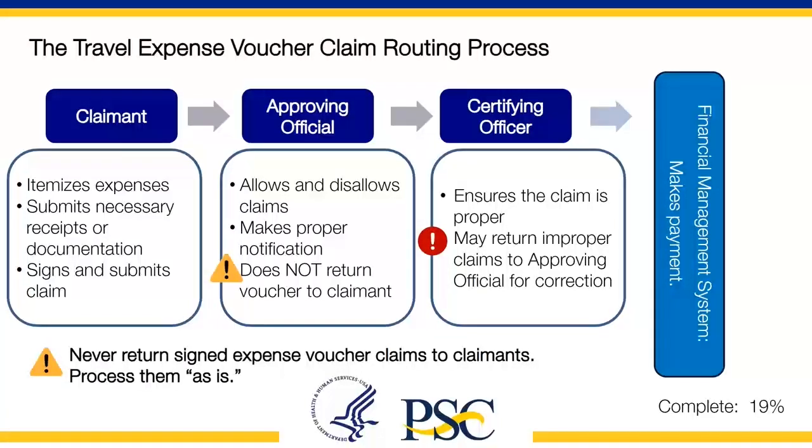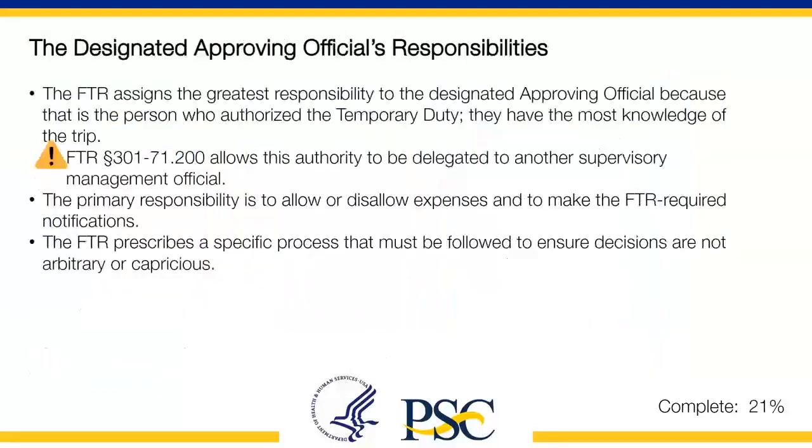Next, the certifying officer ensures the claim is proper and may return improper claims to the approving official for correction. Finally, the financial management system makes payment. Warning: never return signed expense voucher claims to claimants. Process them as is.